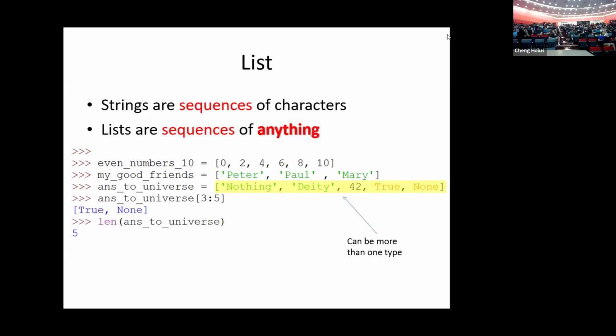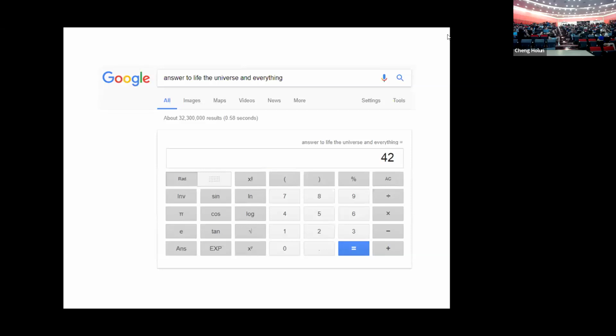Of course, if it's a list, you can do whatever just now: the index, the slicing, the max, min, whatsoever. So you can ask what is the length of the list and so on. This is why we call it the answer to universe. You can go and Google. If you ask Google what is the answer to life, the universe and everything, it will tell you 42. Okay? So later let me explain why I say 42.